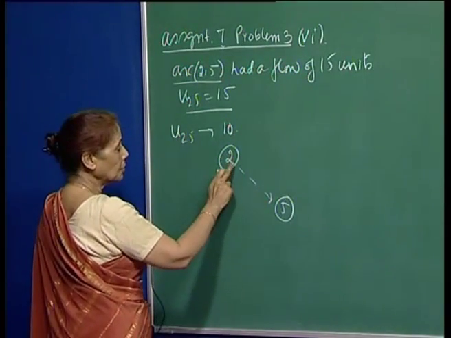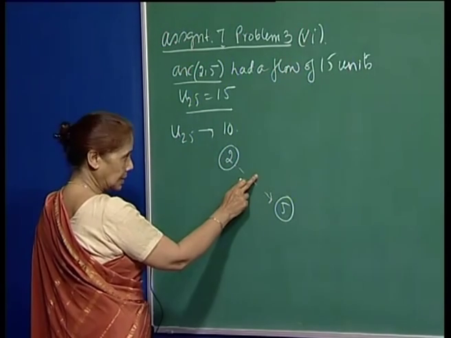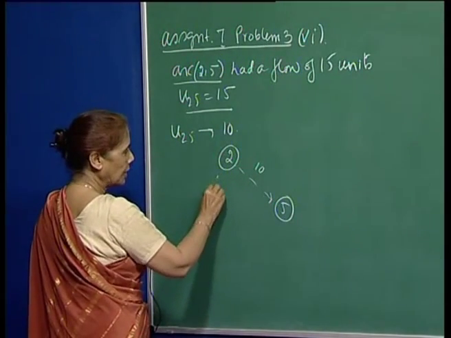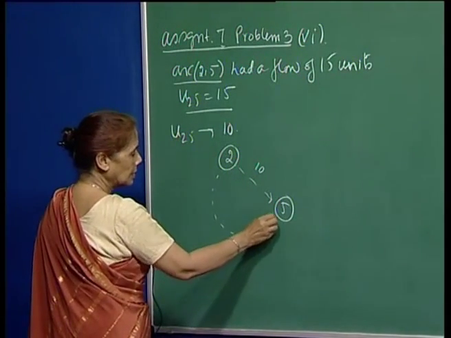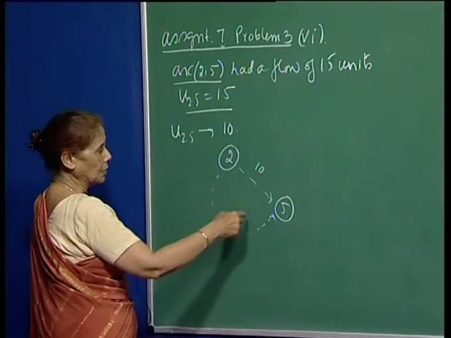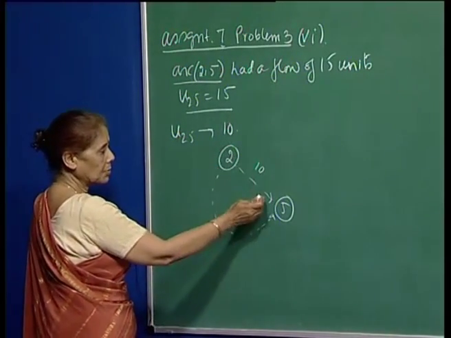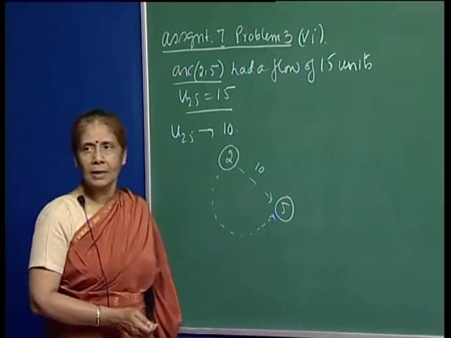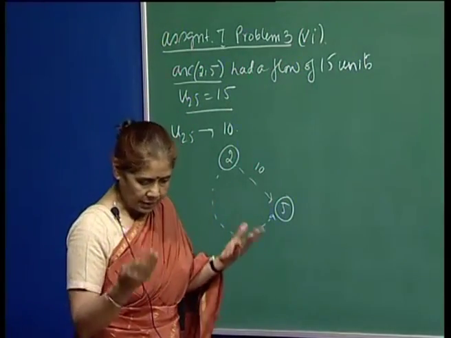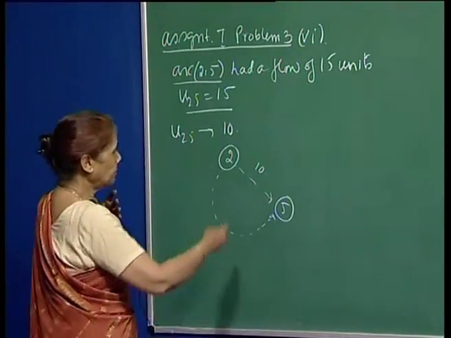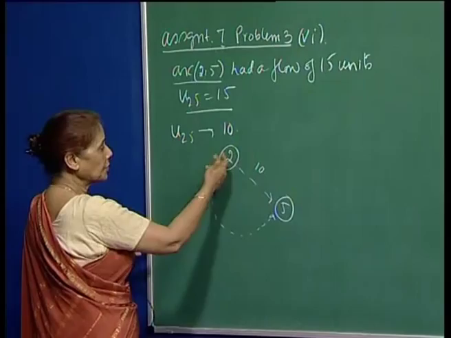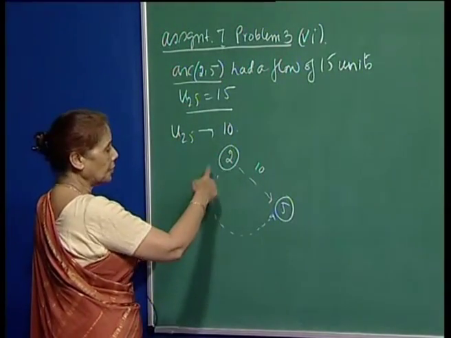Now if you want to reduce the capacity here to 10, that means you have to find a path through which you can send 5 units, because you are not able to send more than 10 units here, but the basis demanded that you have 15 units of flow here. So, you have to now divert some flow from 2 to 5.